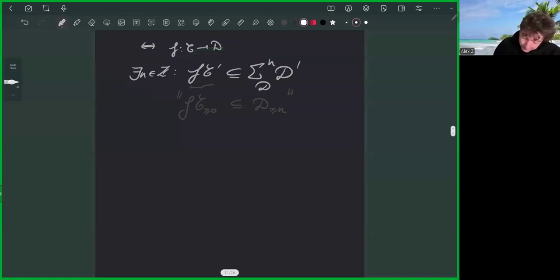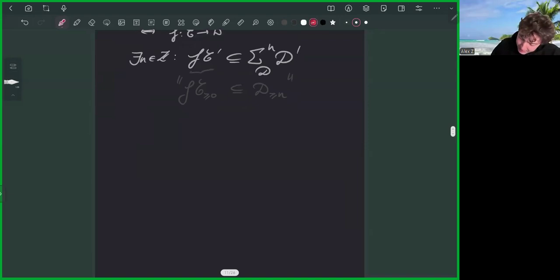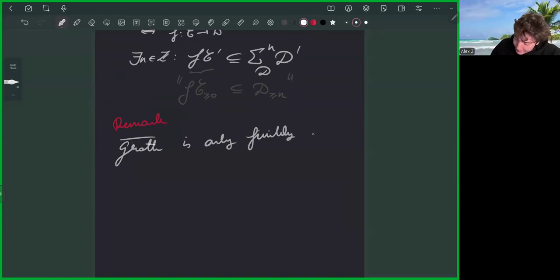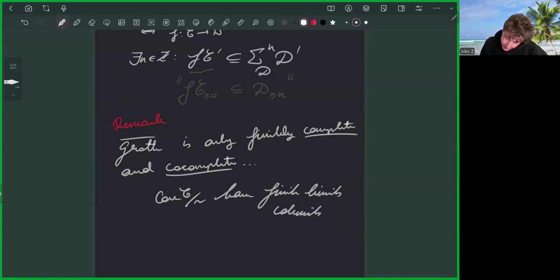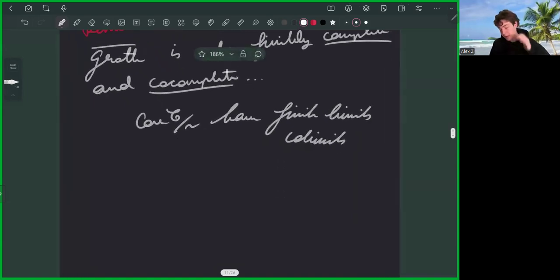And let me make a remark here. This category Groth is only finitely complete and co-complete. And the reason for this is that the core of C modulo equivalence relation has finite limits and colimits. Why do they only have finite limits?